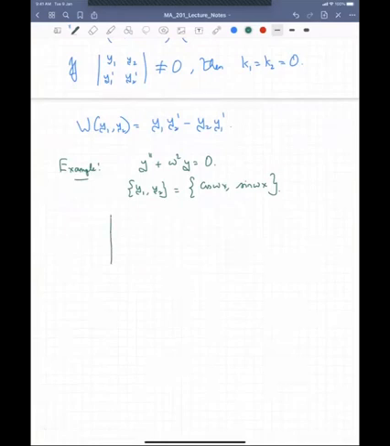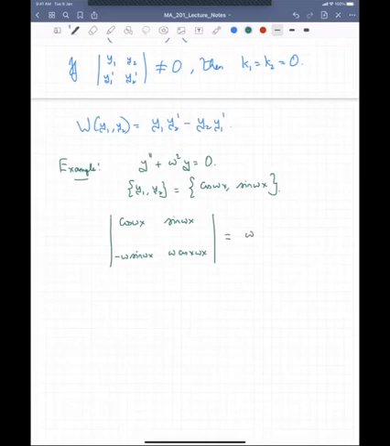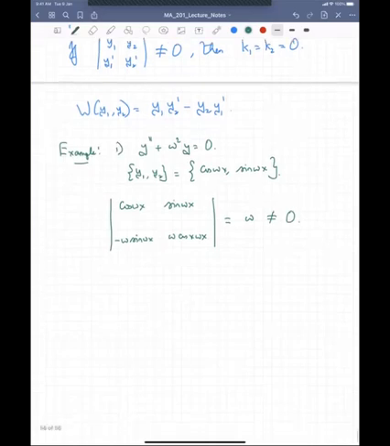So y1 is cosine omega x, y2 is sine omega x, y1 prime is minus omega sine omega x, and y2 prime is omega cosine omega x, and this determinant is just omega. And this is obviously not equal to 0. Since the Wronskian of these two solutions is not 0, this necessarily means that cosine and sine are linearly independent functions.